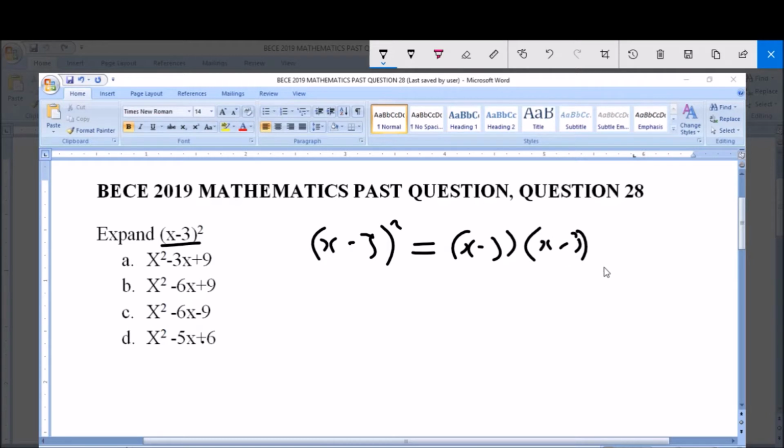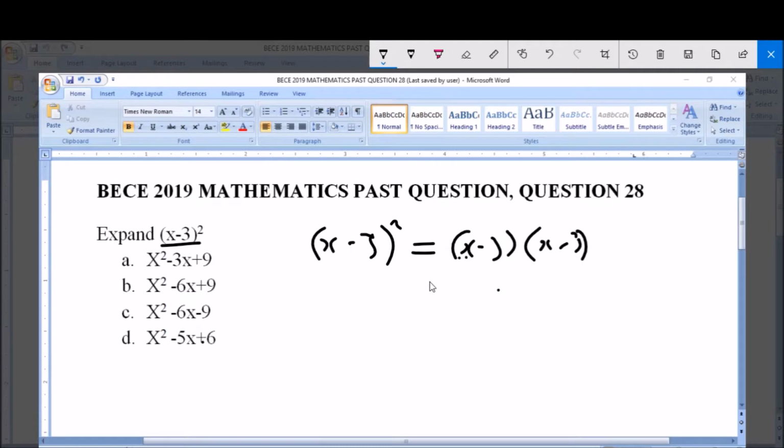Now for us to continue from here, we also have to simplify this. And how do we do that? By multiplying this by this. So for us to multiply this by this, what do we do? We pick each of these contents here and multiply each of them by this, and also pick this and multiply each of these by this. Now what do I mean here? Let's start with x. We pick x here and multiply this bracket by this x.